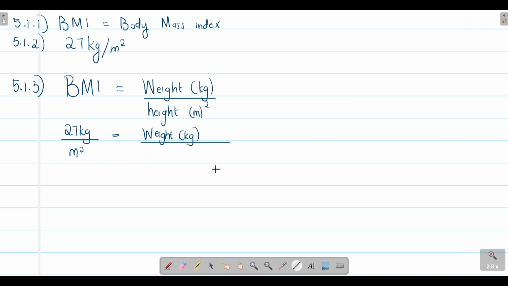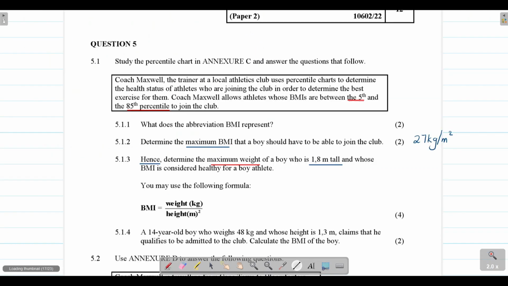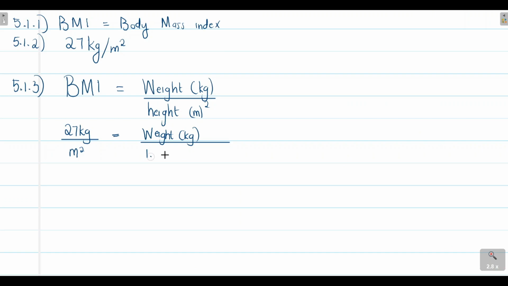In my explanation of what a BMI is, I explained that when you calculate a person's BMI, you take a person's weight in kilograms and divide that weight by the height squared in meters. So in this case, this height of 1.8 meters needs to be squared.